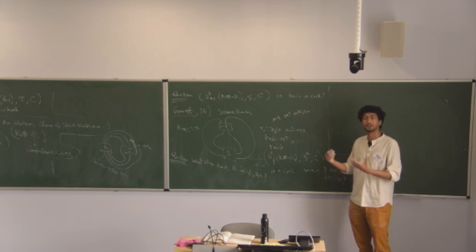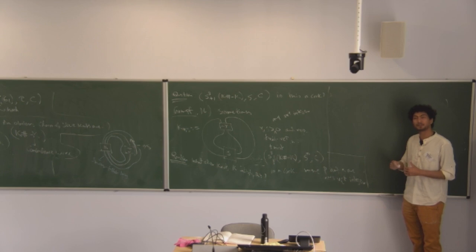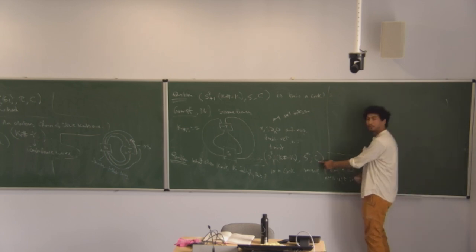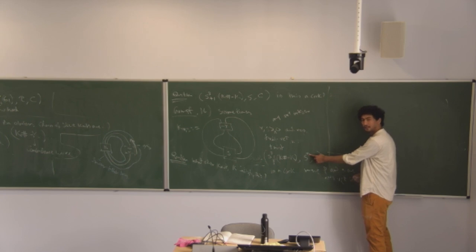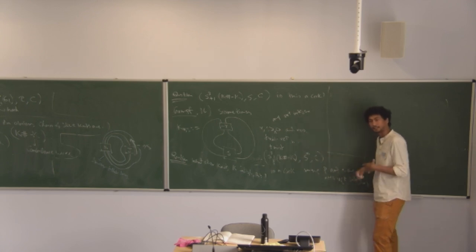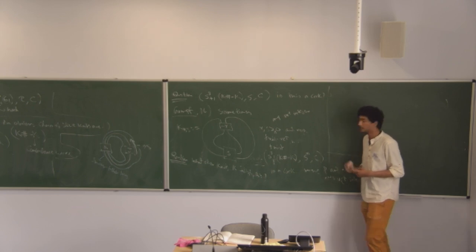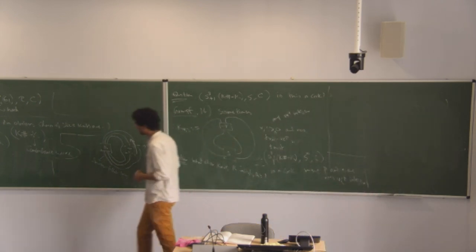So whenever you do Fintushel-Stern knot surgery on knots with varying Alexander polynomial, you're guaranteed to get different Seiberg-Witten invariants every time. That is how Gompf was able to show that for any power of S, these are corks. He had an embedding inside some elliptic manifold, and then showed that the Seiberg-Witten invariant changes every time, keeping true to the strategy.